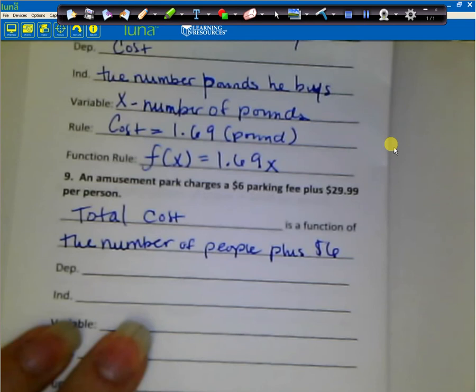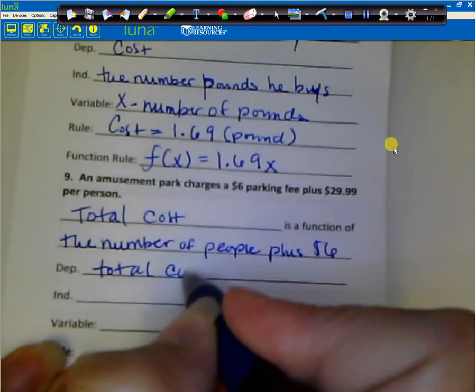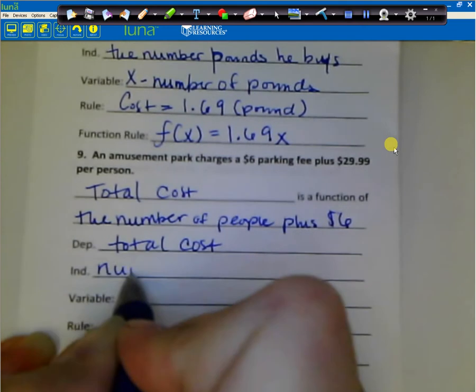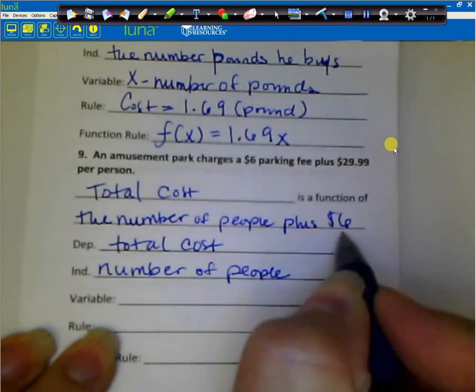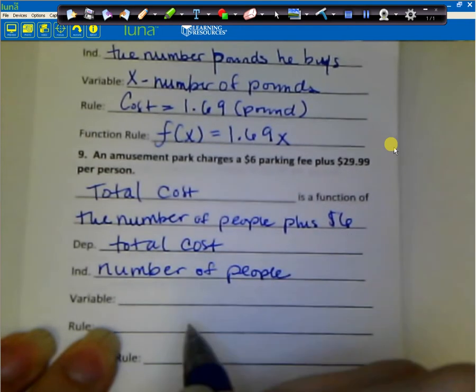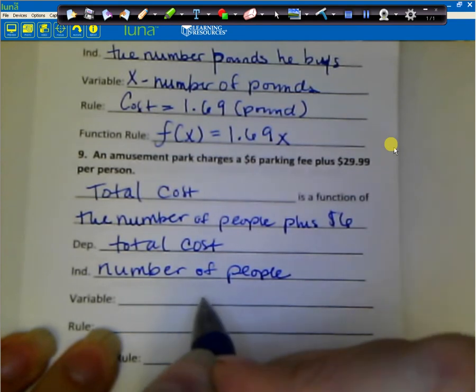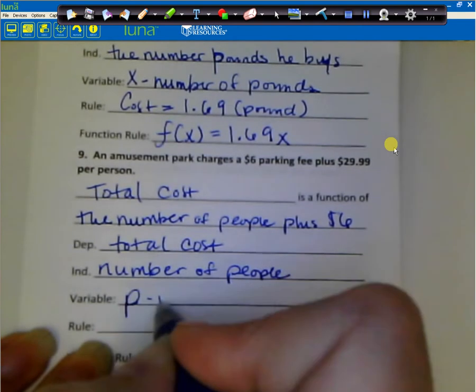My dependent variable is going to be the total cost because it depends upon how many people are going. My independent variable, again, is the number of people. And that $6 is not going to change, so that's not part of our independent variable. Number of people. My variable, I'm going to say P for people.